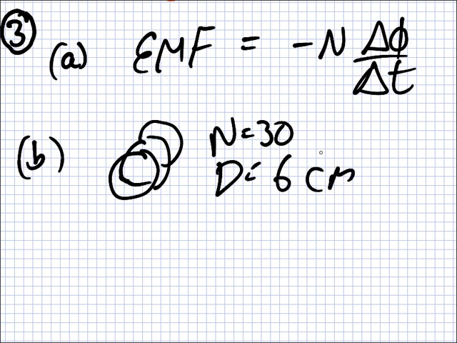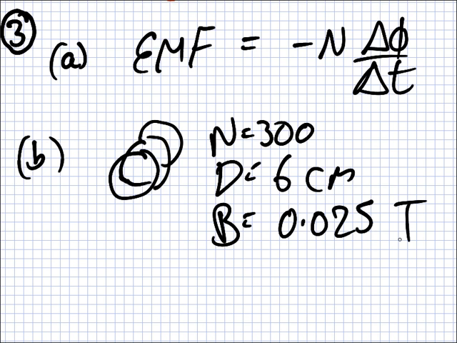The coil is placed in a magnetic field of flux density 0.025 Tesla, which passes along the axis of the coil. 1. What is the value of the flux linkage for the coil?